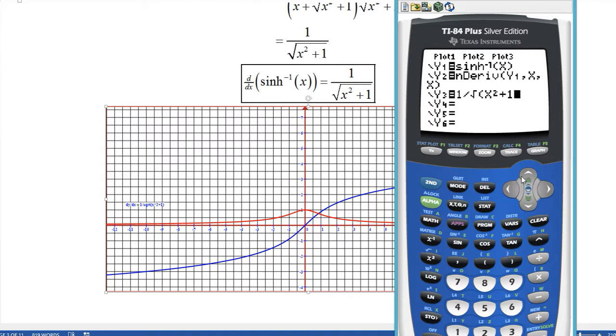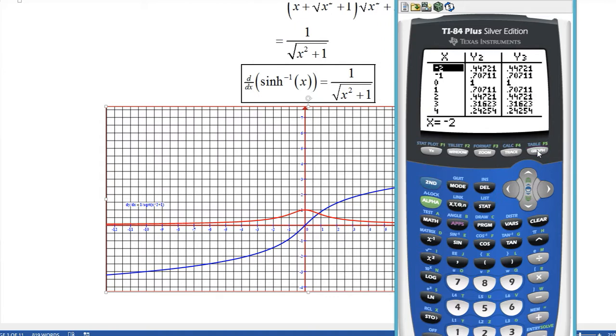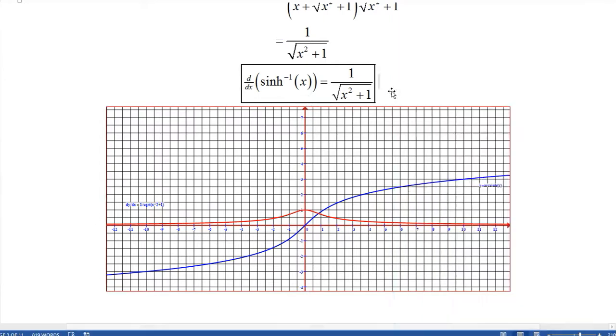And let's turn off y1. And I can look at tables for y2 and y3. Now if we did this right, hopefully these will match, and they do in fact match. So there's another little check for us.